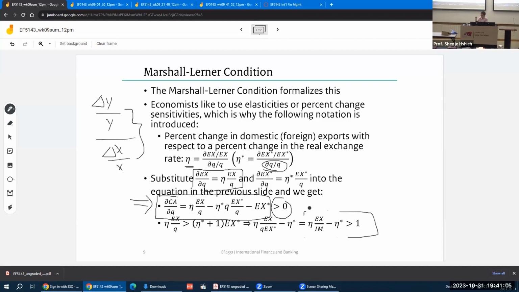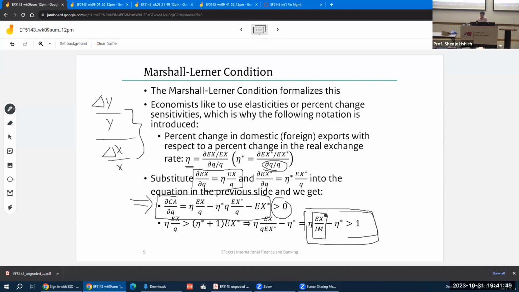Once you have that condition imposed, we can rearrange terms to give ourselves a little more insight, and you get something that looks like this. This is saying that your country's change in exports with respect to a change in Q, or exchange rates, needs to exceed the export sensitivity of the other country when Q changes. And it has to exceed more than 1. Okay. And your elasticity is amplified depending on whether your country is an import or export dependent country.